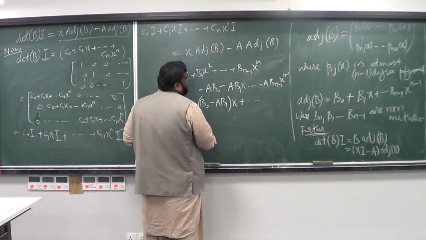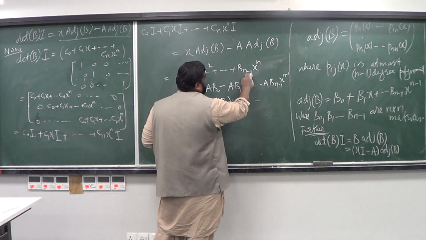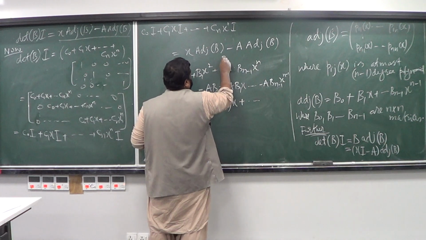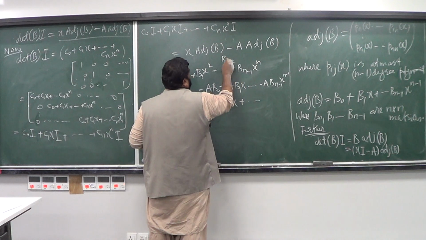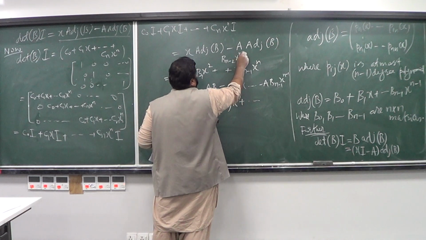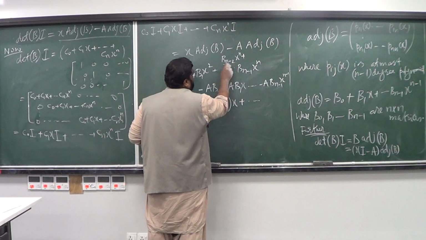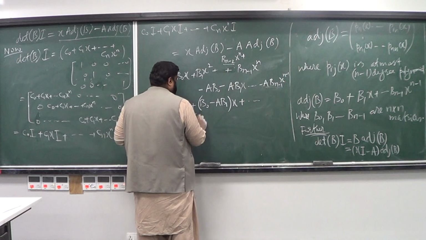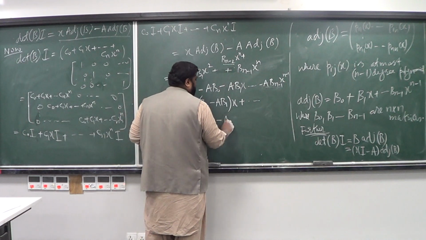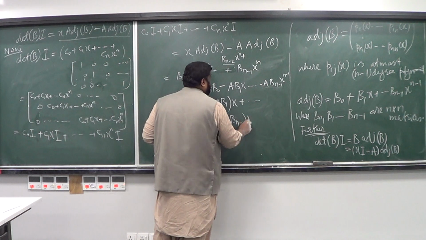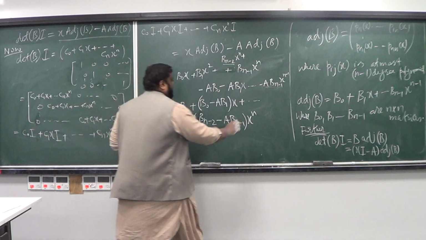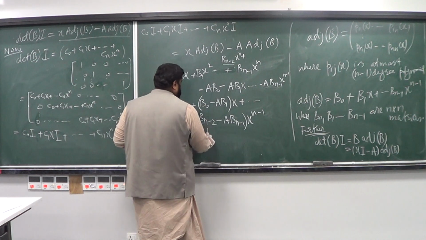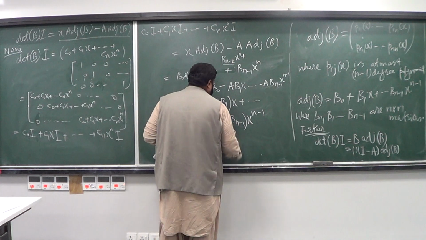The second last term is Bn minus 2 x power n minus 1. This term will be added with this term, so you're going to get Bn minus 2 minus ABn minus 1 times x power n minus 1, and plus the last term Bn minus 1 x power n.